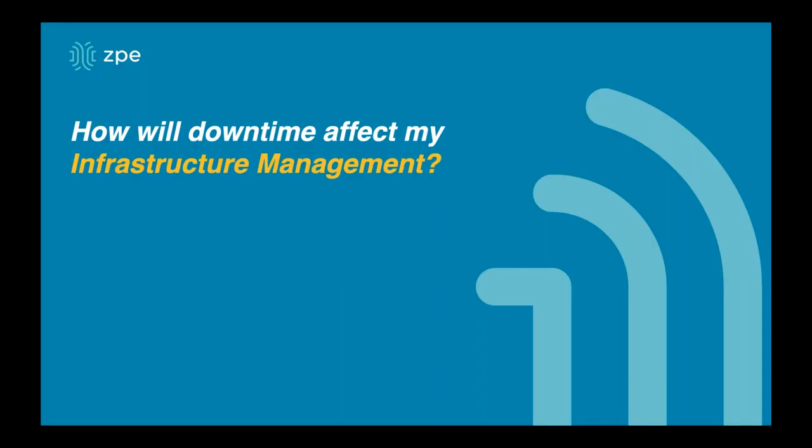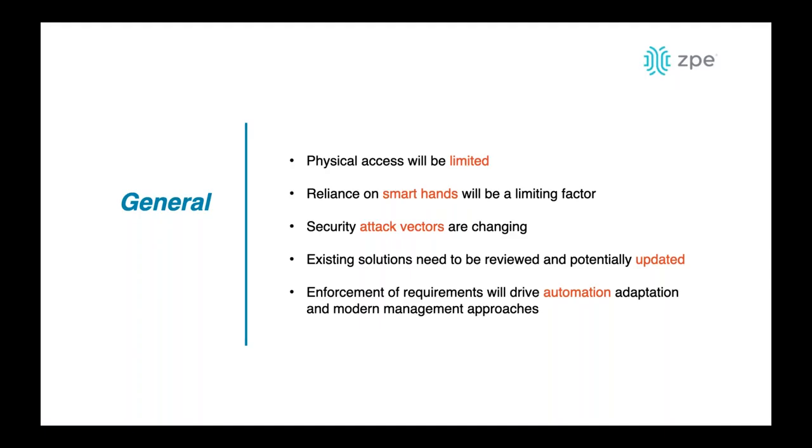So how will that affect me directly? If you look at everything, the effects are relatively simple to see. For one, physical access to my applications and to my physical hardware will be limited.